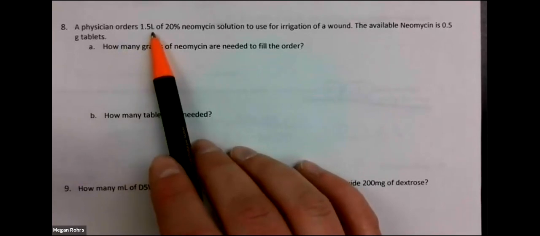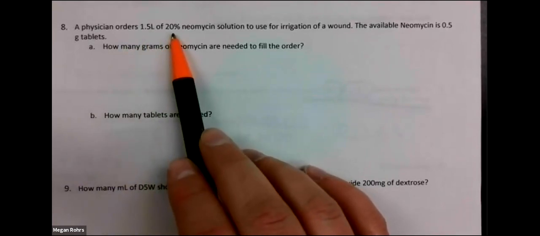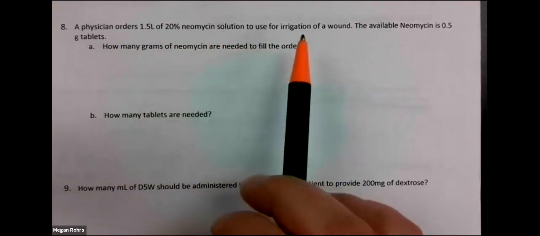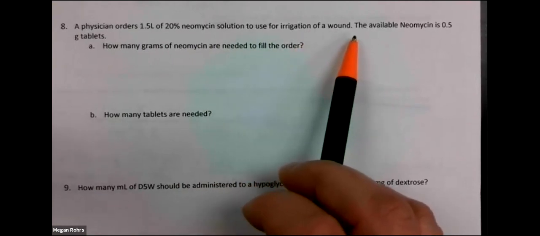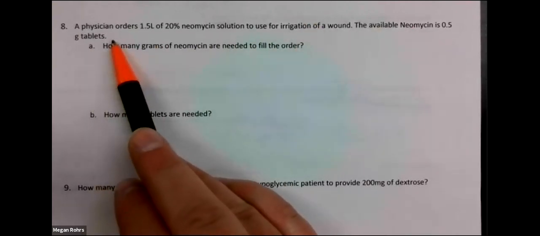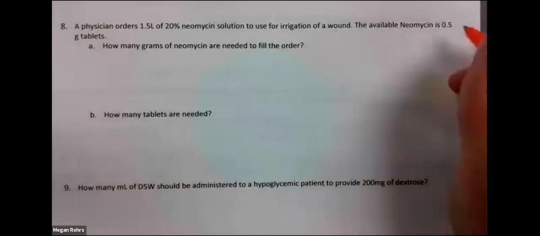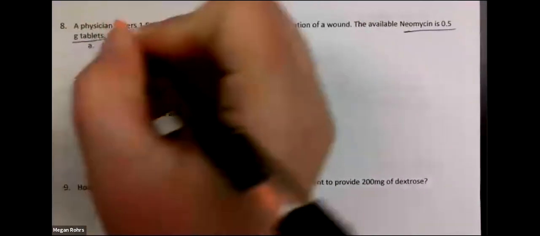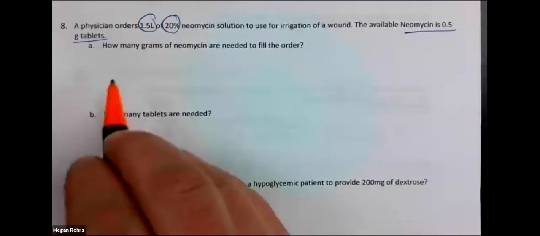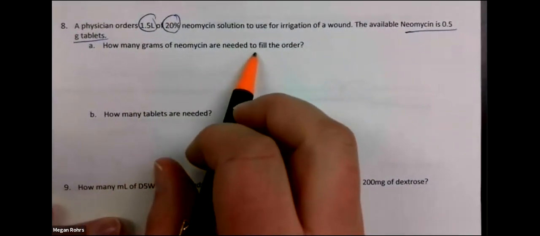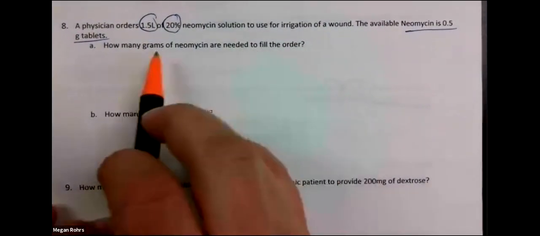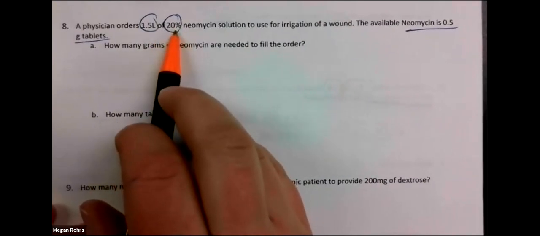So a physician orders 1.5 liters of a 20% neomycin solution to use for irrigation of a wound. The available neomycin is in 0.5 gram tablets. How many grams of neomycin are needed to fill the order? Well, we have the strength once again.